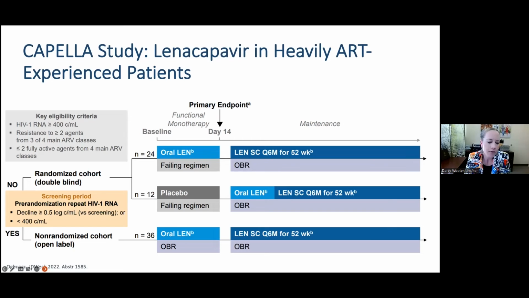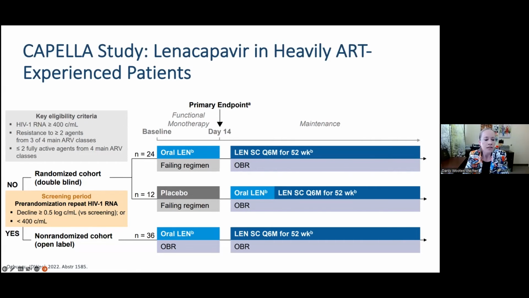The patients in the non-randomized cohort were ones who entered the study and had a repeat viral load that showed some improvement before any intervention had been done, like a decline of half a log, or a viral load less than 400. So these people were put into the non-randomized cohort because probably by being in the study, they had better adherence, and that accounted for their improvement in viral load, and they didn't want to skew the results in the randomized portion of the trial.